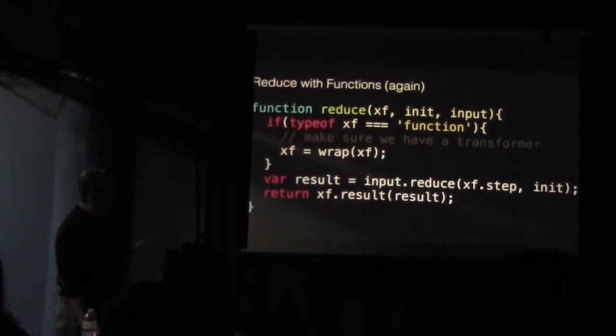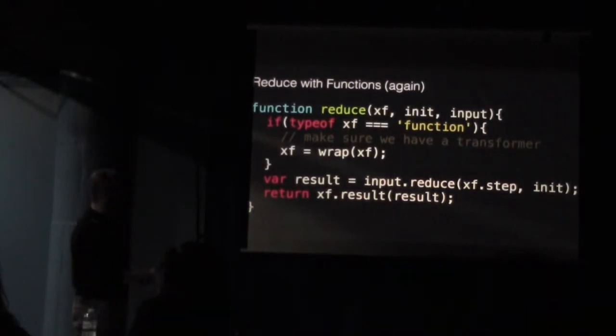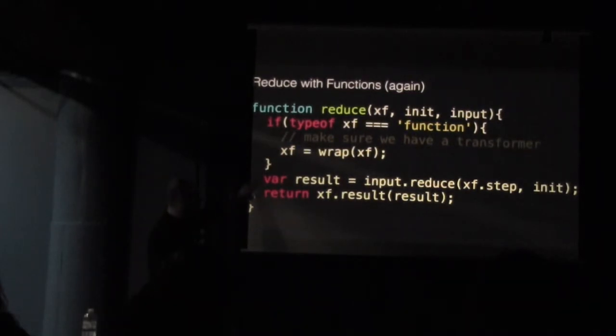Okay, so we had the ability before to pass a function to reduce. So we're just going to modify our reduce to allow a function again. That way we can just pass sum in directly instead of calling transformer on it. This is the exact same thing we saw before. We're just calling reduce and passing it to result.